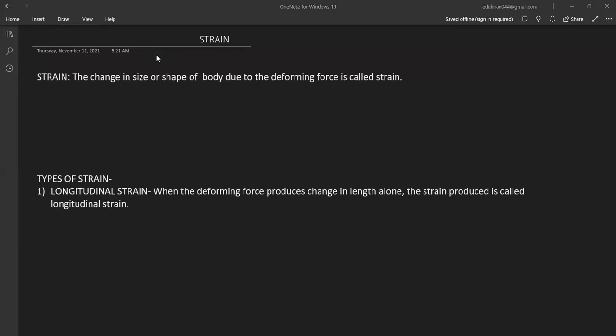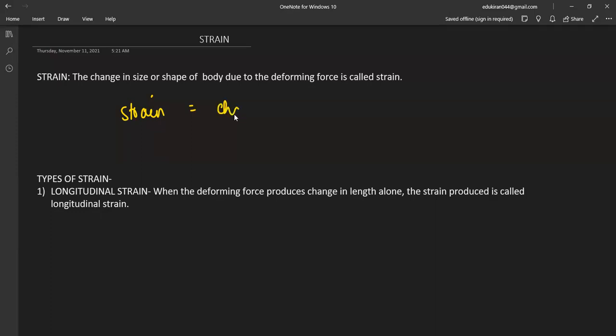Yes, so the second quantity that comes into action whenever there is a change produced is strain. Now, strain means what? Whichever dimension is changing, divided by the original dimension. Strain is basically the amount of change that is occurring.